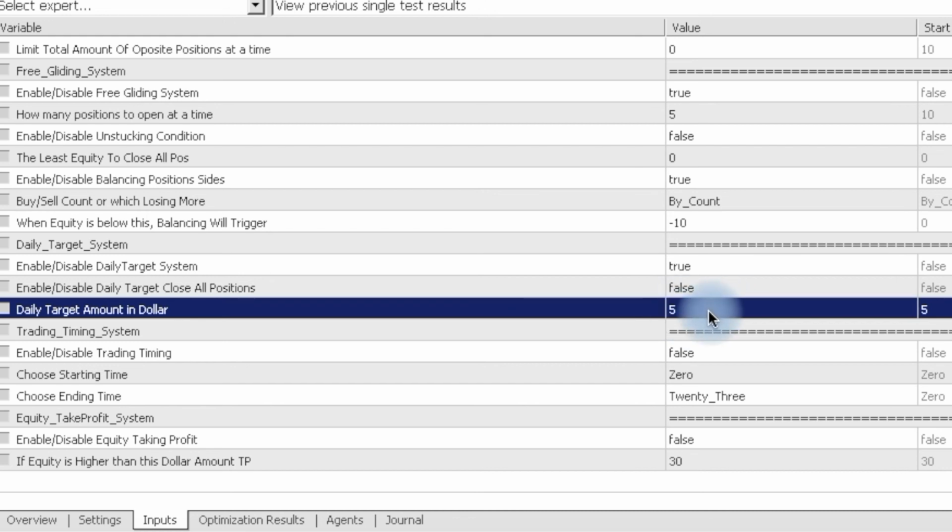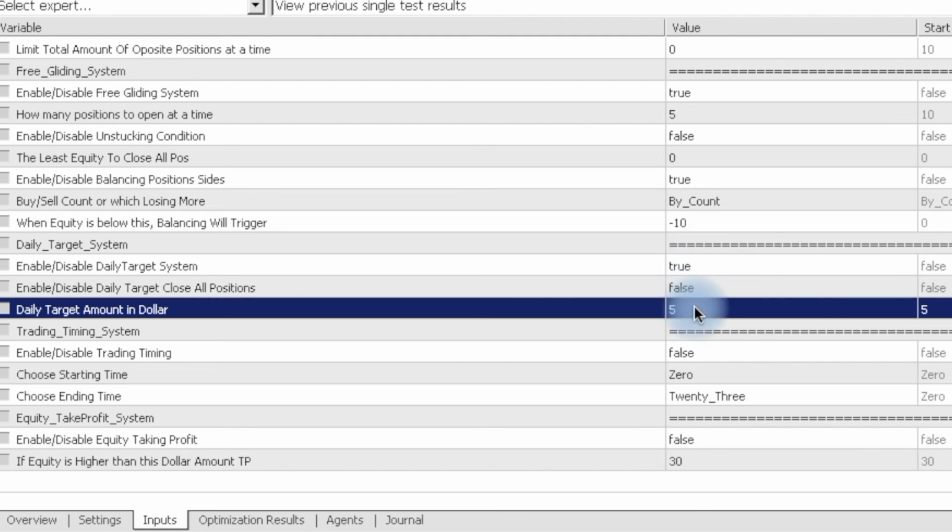The easiest way to look at it is to always look at 1 ounce. If you have 1 ounce and the leverage is 100, multiplied by 5, that means $500. So if I reach $500 a day, close everything. I don't want to trade anymore.